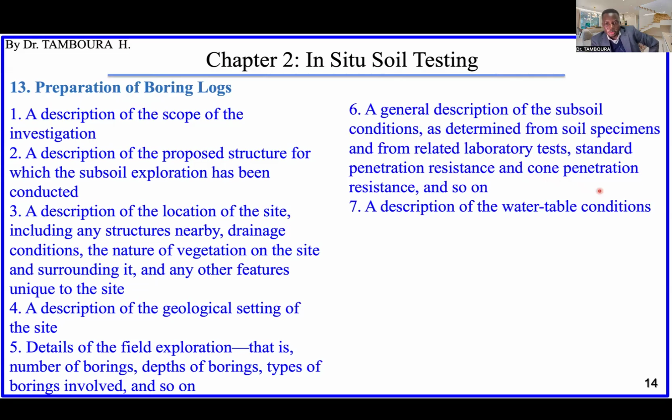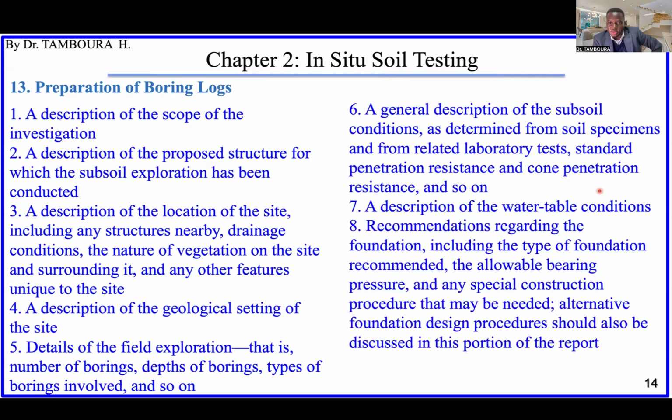You have to give also a description of water table condition, and you have to give some recommendation regarding the foundation, including the type of foundation that you are recommending based on this field exploration.